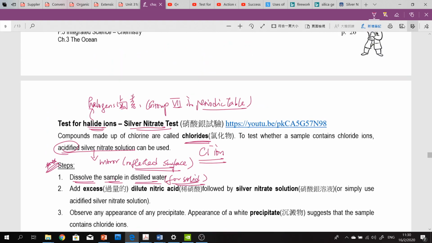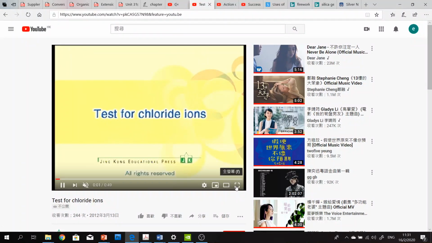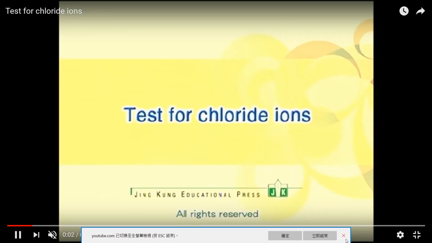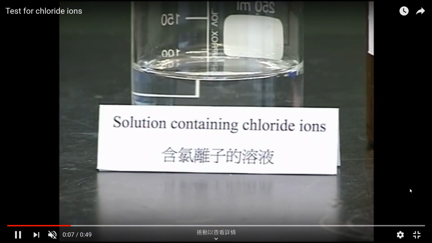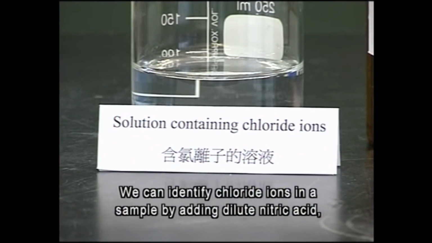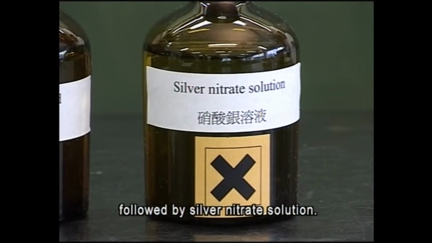Here we go. I would like to show you a YouTube clip on how to perform the experiment. Let's start. You can identify chloride ions in a sample by adding dilute nitric acid, followed by silver nitrate solution.